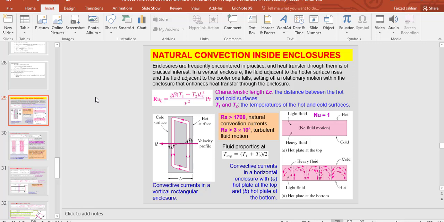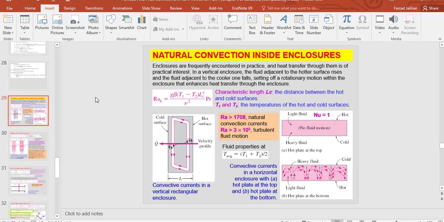During the last 3 sessions, we have started to talk about one mode of heat transfer, which is convection heat transfer. We started our discussion to introduce what convection is.